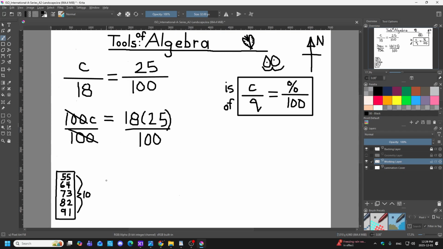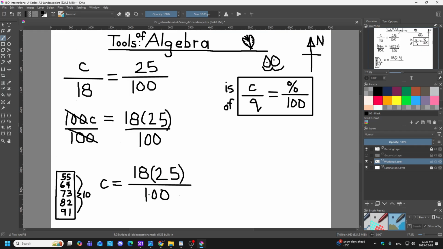And then we are left with C equals 18 times 25. Whoops. Over 100. Okay, let's reduce.